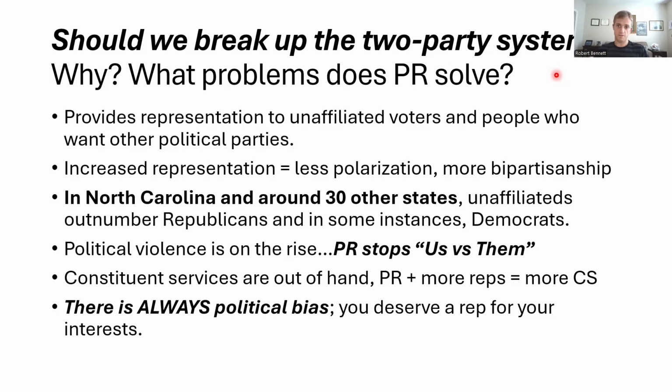The exact numbers of which party is in front or not may vary depending on which state you look at, but in other words, about 30% of the registered voters in most states are Democrats, 30% of them are Republican, and then either the majority or close to 30% of them in many states are unaffiliated. They don't have a party. They frankly don't have representatives for them. And so this is something that needs to be addressed because we want everyone to find representation.